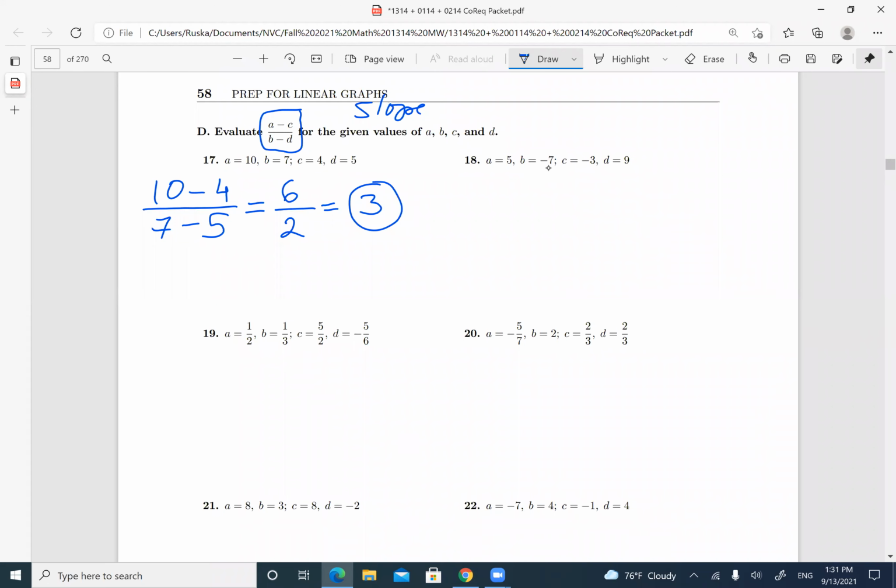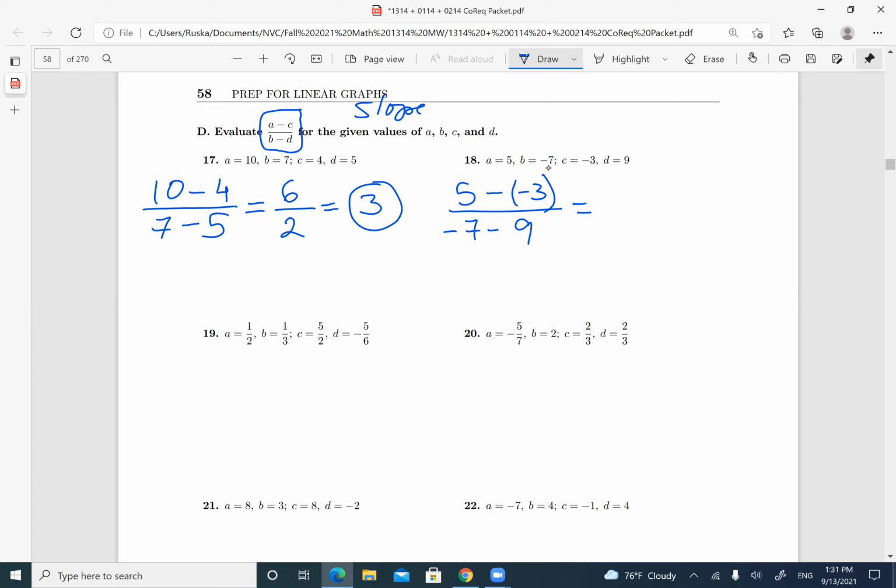Okay, that's it. So let's do the next one again. We have A minus C. So it's going to be 5 minus, now C is negative 3, over, so if it's negative, just put it in parentheses to be clear, to be on the safe side. So B is negative 7 minus D is 9.